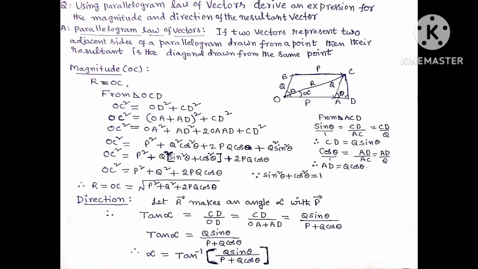Therefore, tan alpha equal to CD by OD equal to CD by (OA plus AD), that equal to Q sin theta by (P plus Q cos theta). Tan alpha is equal to Q sin theta by (P plus Q cos theta). Therefore, alpha equal to tan inverse of Q sin theta by (P plus Q cos theta).